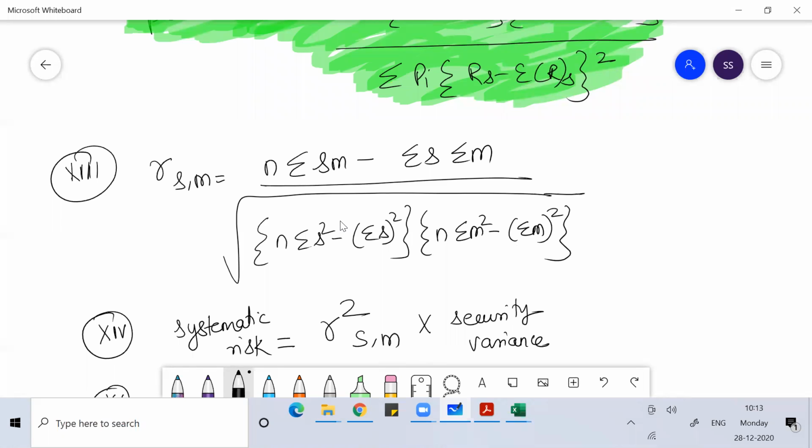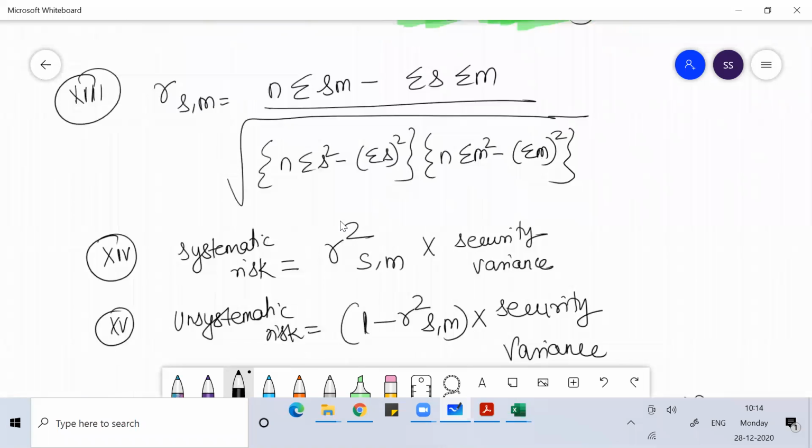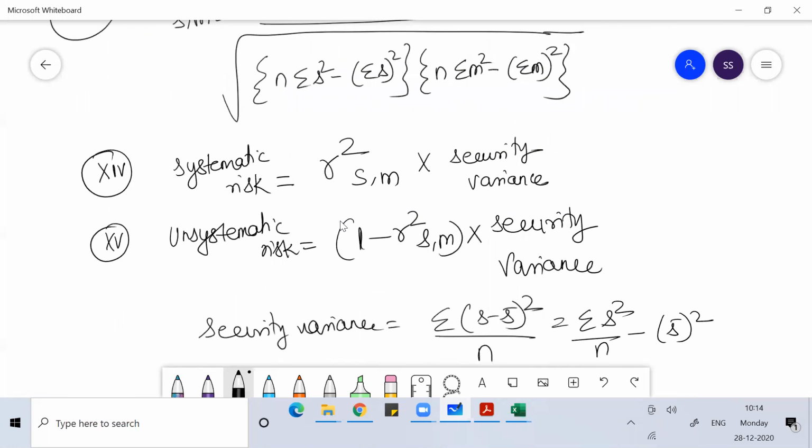with this formula, and when you do the square of the coefficient of correlation, you get the coefficient of determination. So systematic risk you can calculate with the formula R square into security variance, while unsystematic risk basically means 1 minus R square into security variance.